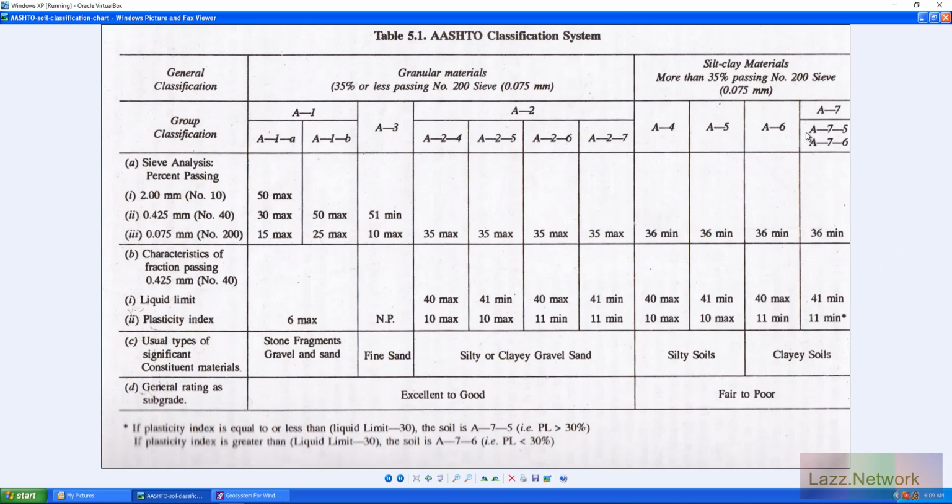Then that's what determines if it's an A75 or an A76. Remember, the minimum is only 11 for our A7. So you have to have a minimum of 41 and a minimum of 11 for your A7 material, but it just depends what you actually got for your liquid limit itself.